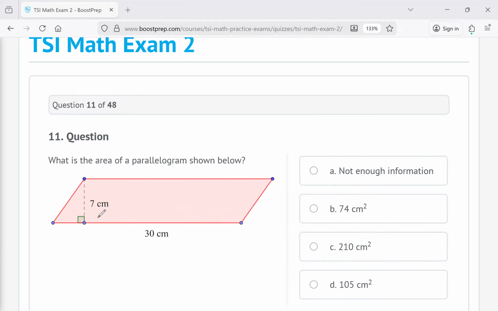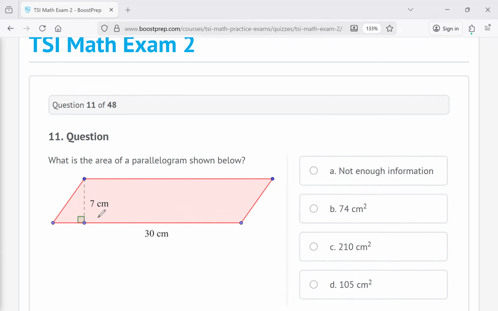Look, it's just base times height. It's probably easier than it looks.